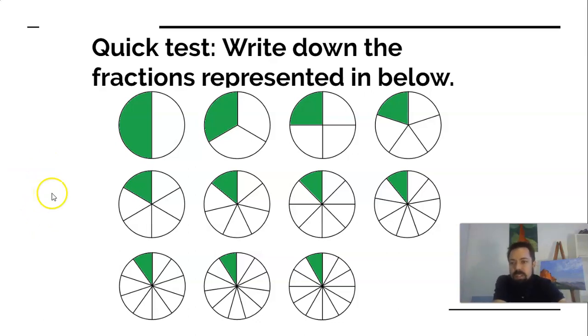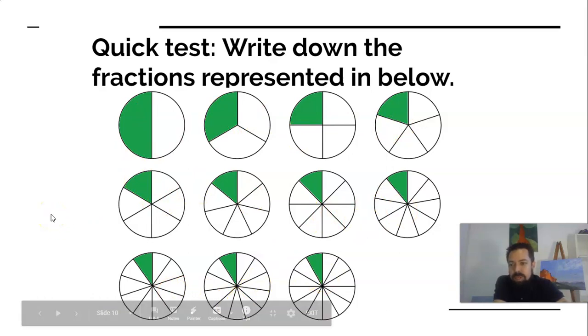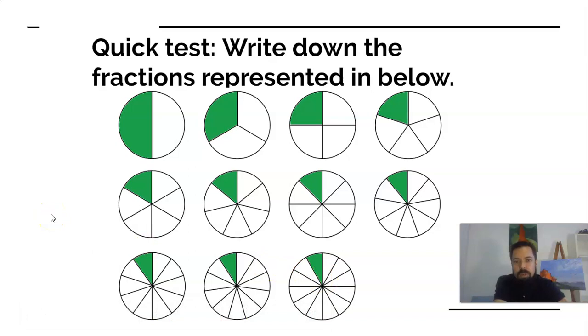So what fraction of this is shaded green? So we can just do it this way. 1, 2, 3, 4, 5, 6, 7, 8, 9, 10, 11. So 11 questions. I think I'll give you about 3 minutes to get through those. Don't think it'll take too long. So all you need to remember is how many pieces the circle is broken into gives you the denominator, and how many pieces are colored in, that's your numerator.